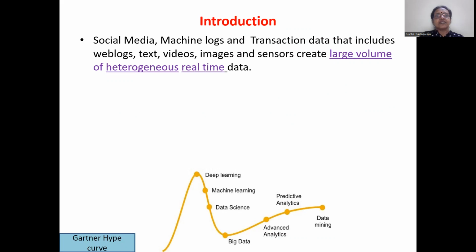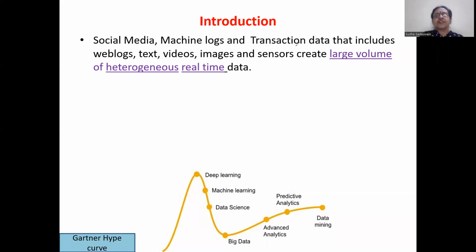We all know that current generation data is different from the data which was analyzed about 10 years back. If you consider social media data, data from machine logs, and transaction data, it consists of different types of data.